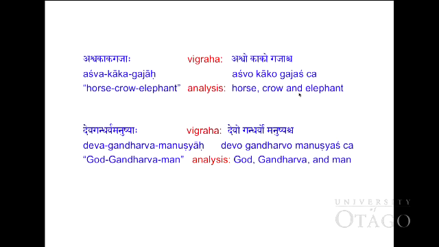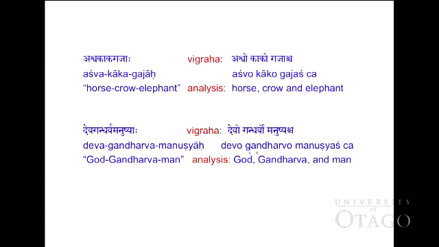Horse, crow, and elephant. Another example, Deva-Gandharva-Manushyah. Manushyah is in the plural, nominative, plural, masculine. So Deva, god, Gandharva, a kind of angel, Manushya, man. It comes from Devah, Gandharvah, Manushyah cha.